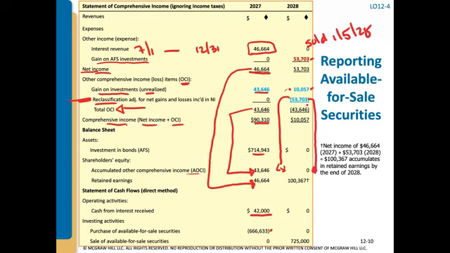You can go back and look at all those journal entries, but this is how we get to the accumulated OCI account being 0 at the end of 2028, or actually it's January 5th, but if you're looking at the end of 2028, it'll be 0. And then when you look at our assets, they're also 0 because we were able to close out the fair value adjustment at that same time. So please go back to the earlier example in this video to see how these all zero out.